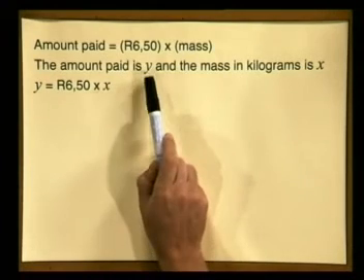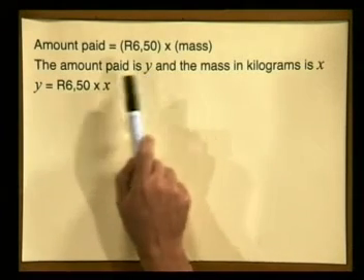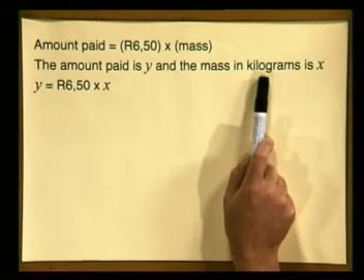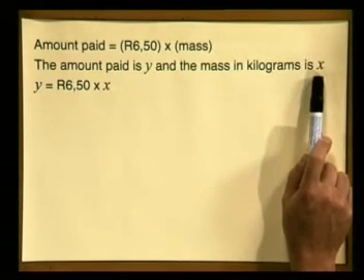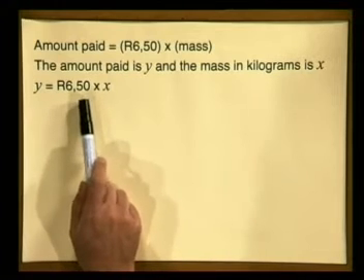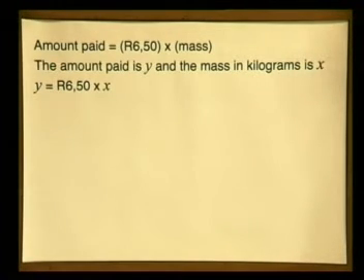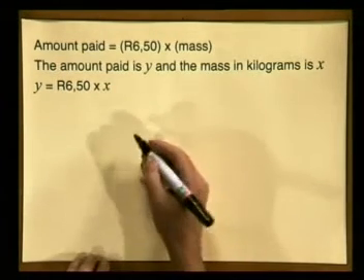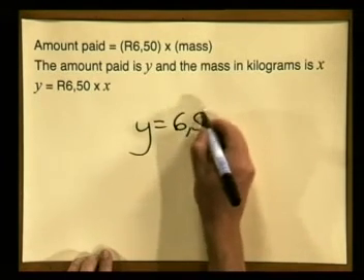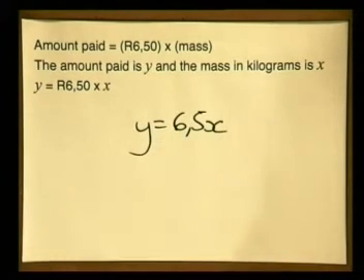I choose the letter Y to represent the amount paid, and the mass in kilograms of cans collected is represented by the letter X. Now we can say that Y is equal to 6.50 Rand multiplied by X. In algebraic notation, I would write this as Y is equal to 6.5X.